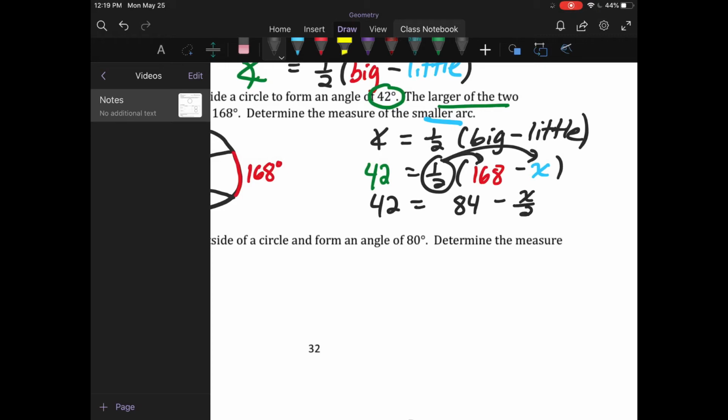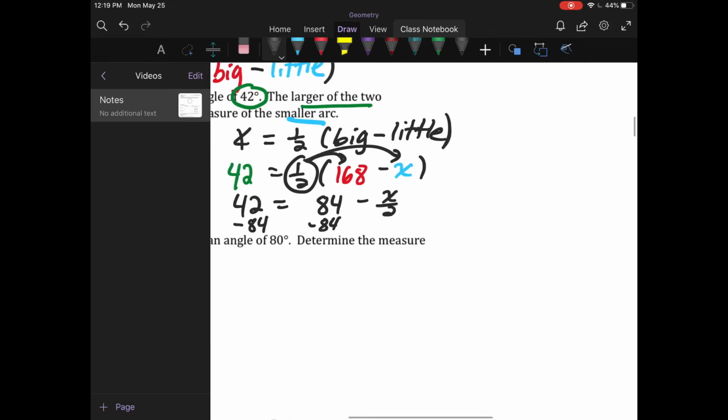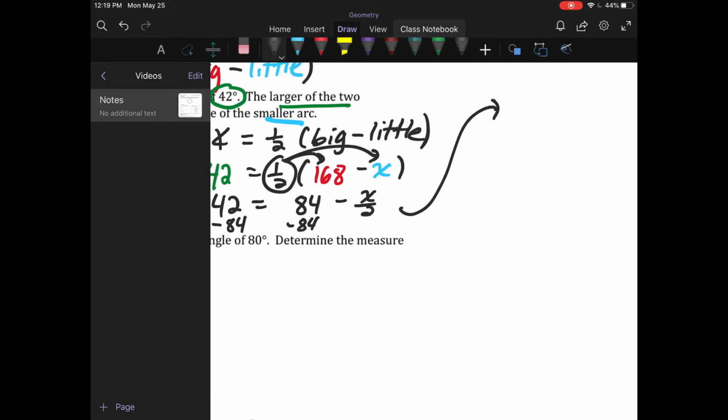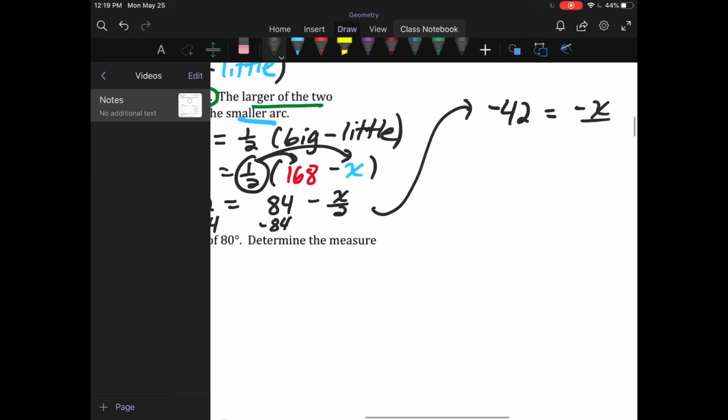And then to solve for x, we're going to subtract 84 from both sides. So when you subtract 42 minus 84, you're going to get negative 42, and that's going to be equal to negative x over 2.